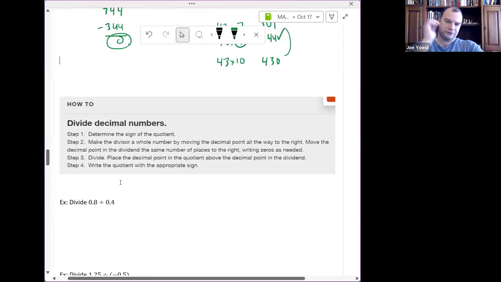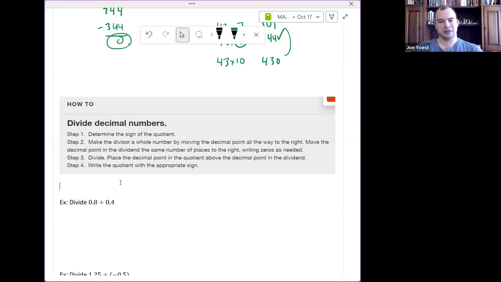Okay, so what do I do if I have two decimal numbers? Well, the nice thing is it's going to be pretty similar to dividing a decimal number by a whole number, because we're going to manipulate our fraction. This is really a fraction with a decimal in the numerator and a decimal in the denominator.